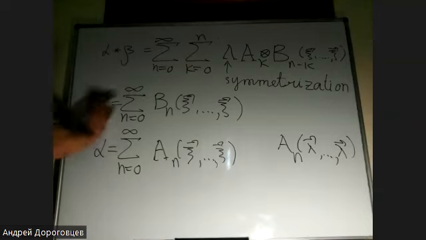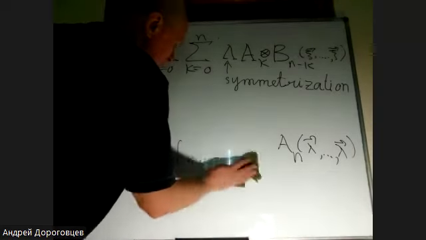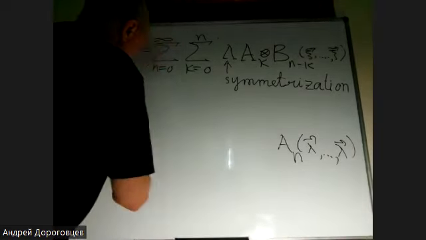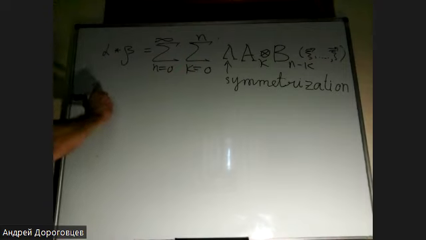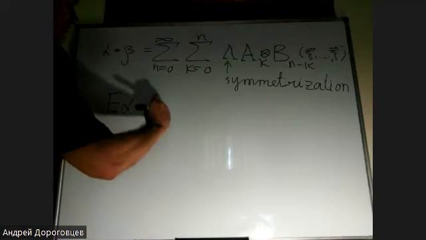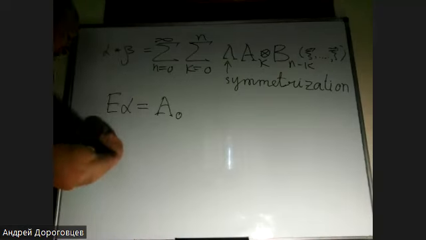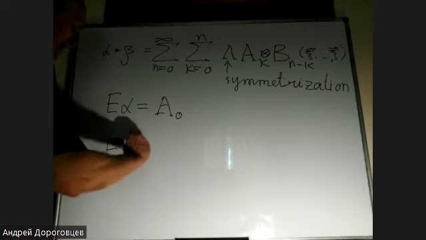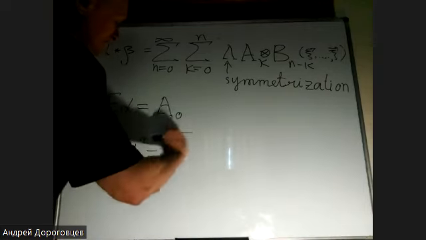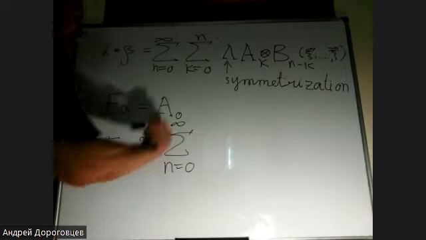Moreover, one can check that now we can easily calculate the expectation of random variable alpha, of course, is equal to a0, and expectation of alpha square is equal to the sum from n equal 0 to infinity.